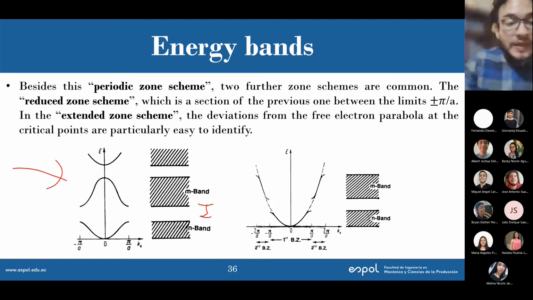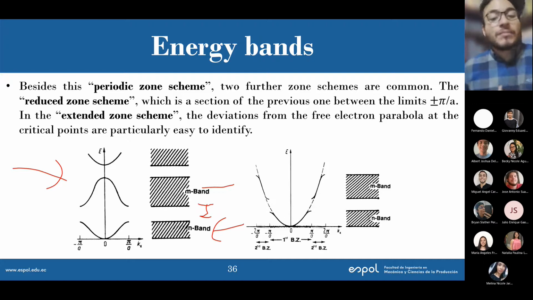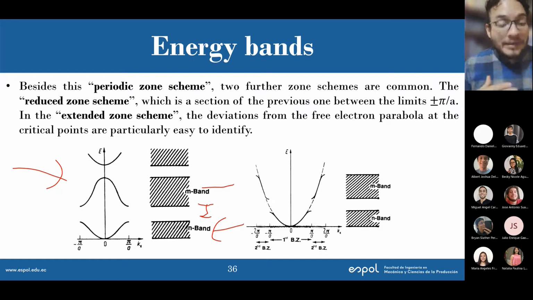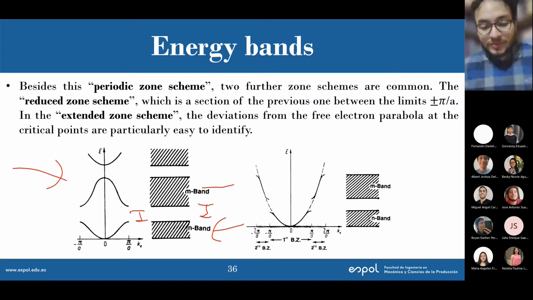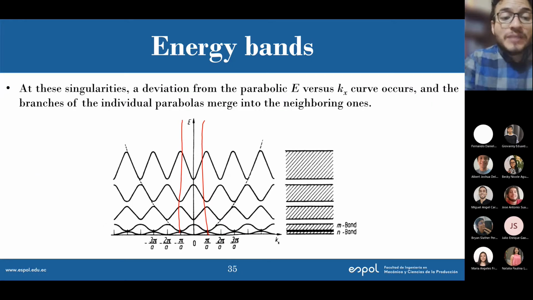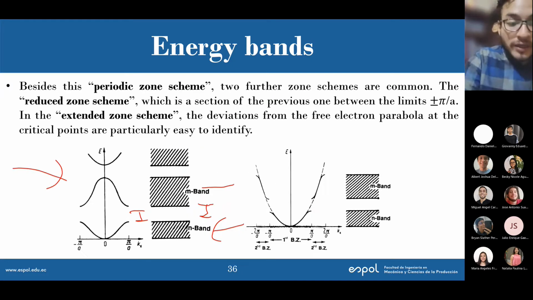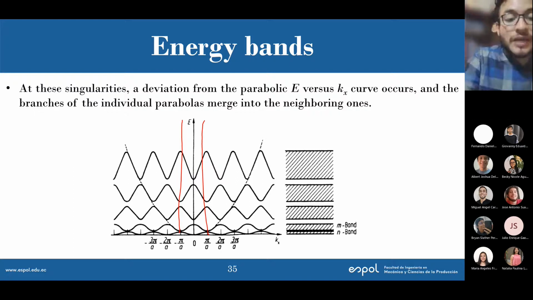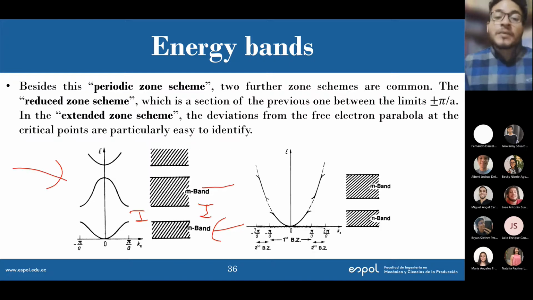And these are just the energy bands. For now, we're just going to call them the different electron bands. In later modules, we will give these bands specific names. And between bands, we have these energy gaps. This is nothing new. All it's doing is just cutting the plot between minus pi over a and pi over a, nothing else.